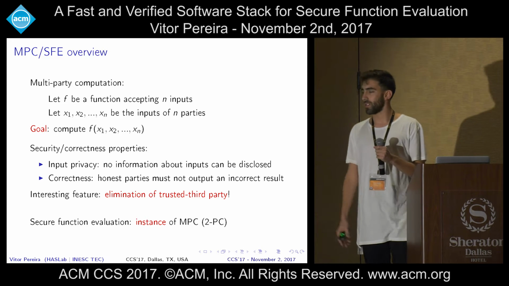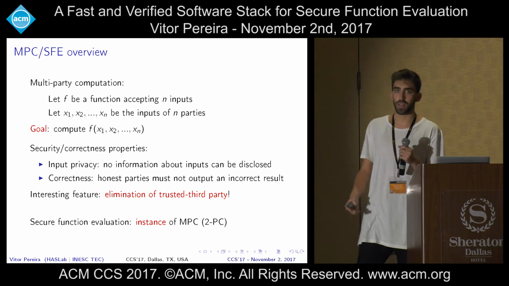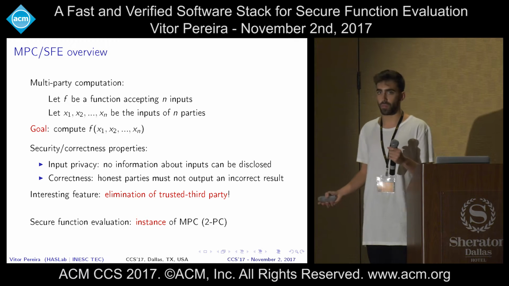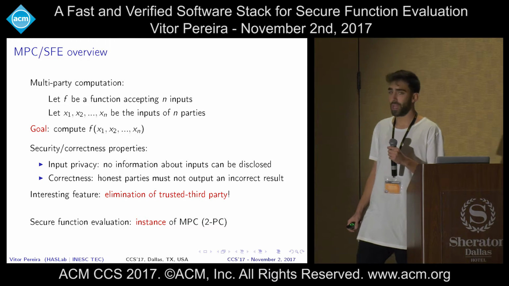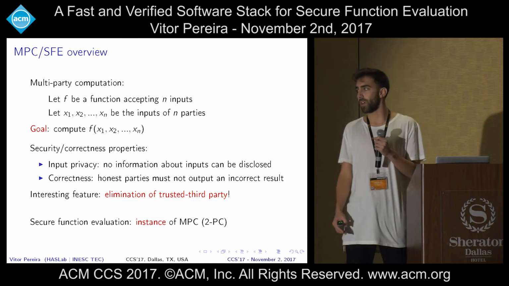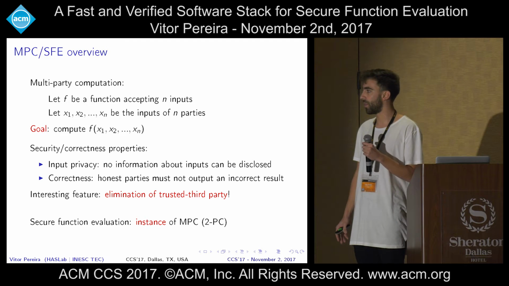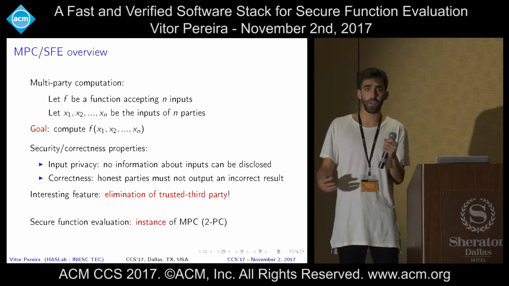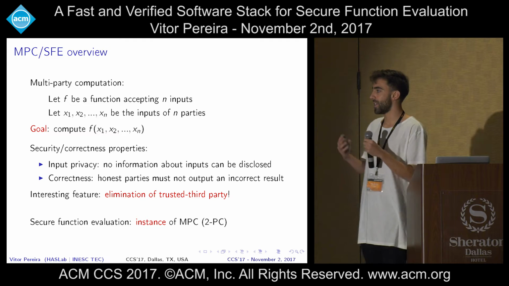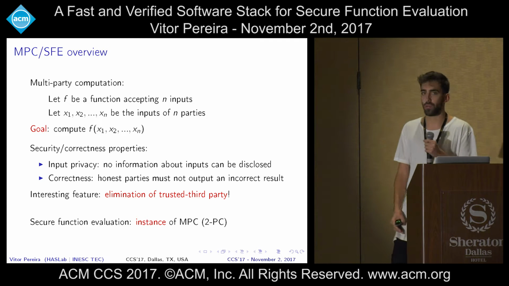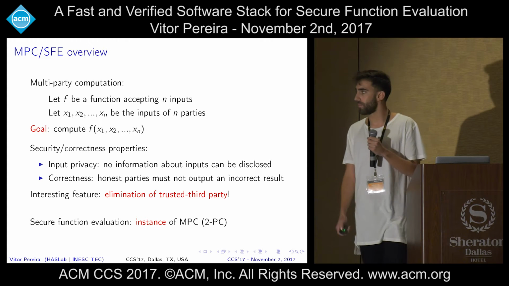Of course, there is also a correctness property that says that honest parties do not output any incorrect result. One interesting feature of multi-party computation is that it allows the elimination of the trusted third party. And secure function evaluation can be seen as a special instance of multi-party computation for two parties.